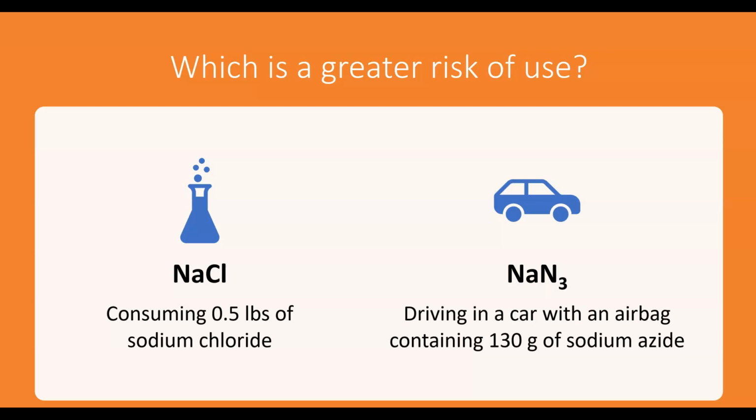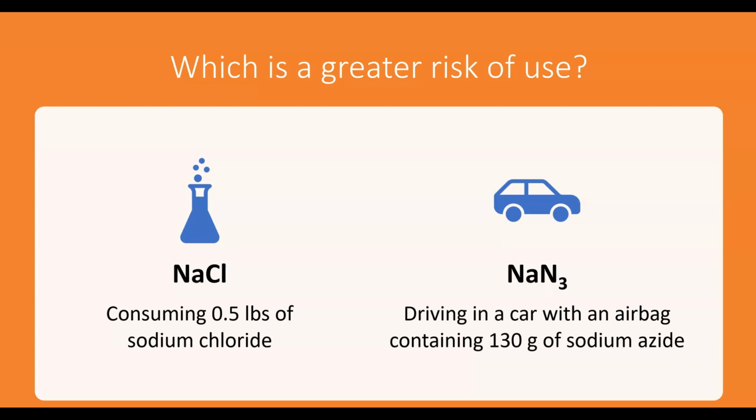So you're always sitting there behind some sodium azide, which we saw in that previous slide is extremely toxic. Table salt wasn't so toxic, but what if we ate half a pound of it very quickly?